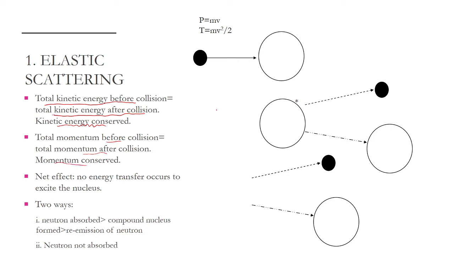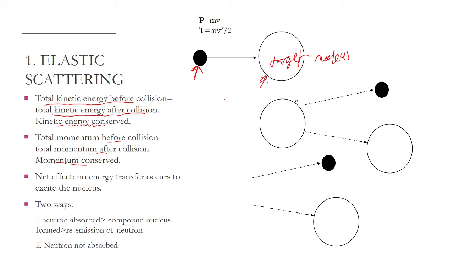To imagine the process, let's say this is the incident neutron, and this is the target nucleus.